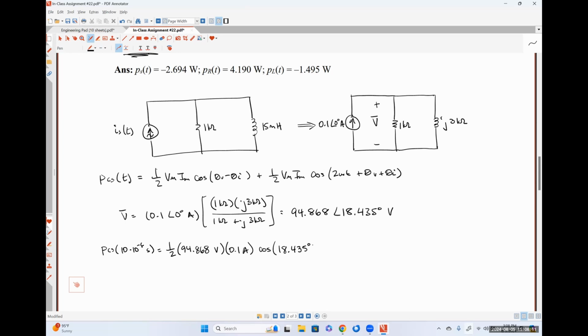What should our phase angle for our current be? Zero.